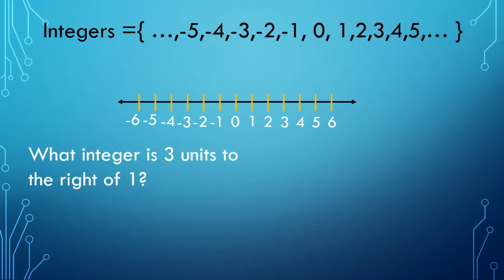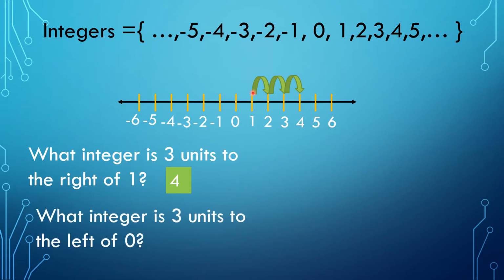Next, what integer is 3 units to the right of 1? So here's 1. And we are going to move 3 units. So that is 1, 2, 3. So what's the integer there? That is positive 4.